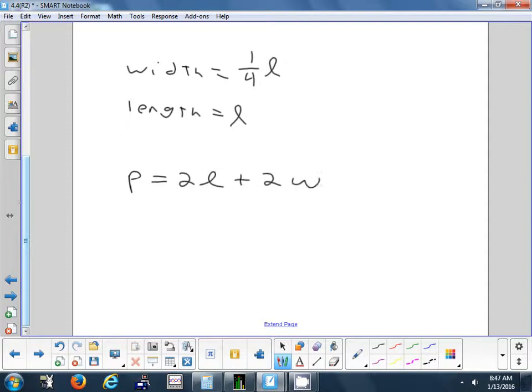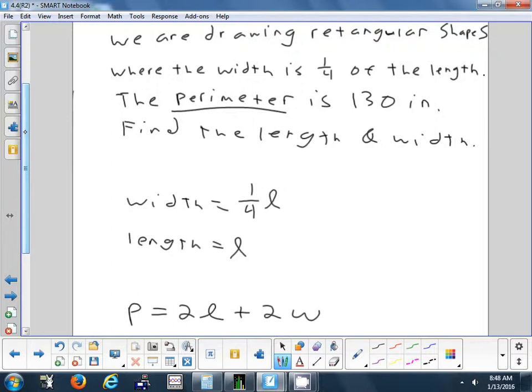Okay, and Ryan, what am I going to do with the 2 expressions I found and that formula? So how do we use these 2 things and this formula to help us figure out? And we're going to use the perimeter is 130. We'll come back to that too.